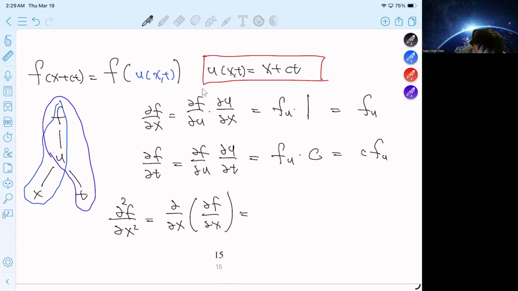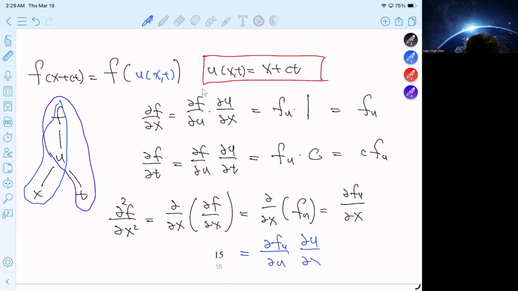This is f_u, so it's just partial f_u partial x. The same thing again: after you take the derivative, it still depends on the same thing, so the dependence chart is exactly the same. It's just that the function becomes f_u. So we follow the exact same thing, and this will be partial f_u partial u times partial u partial x.